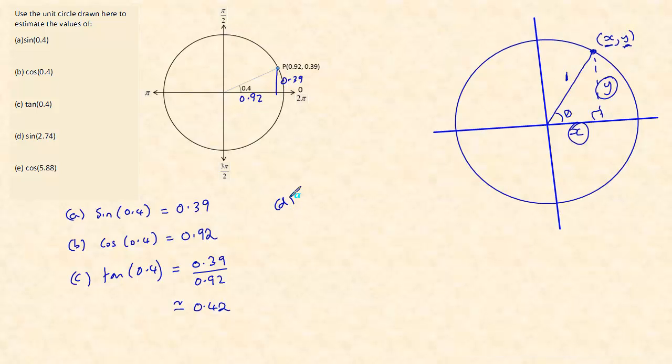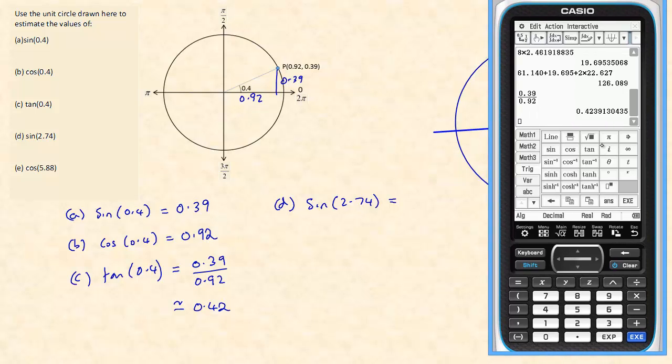Now in part D we have the sine of 2.74. So whereabouts is that? Well, if we do pi take away 0.4, that's about 2.74.